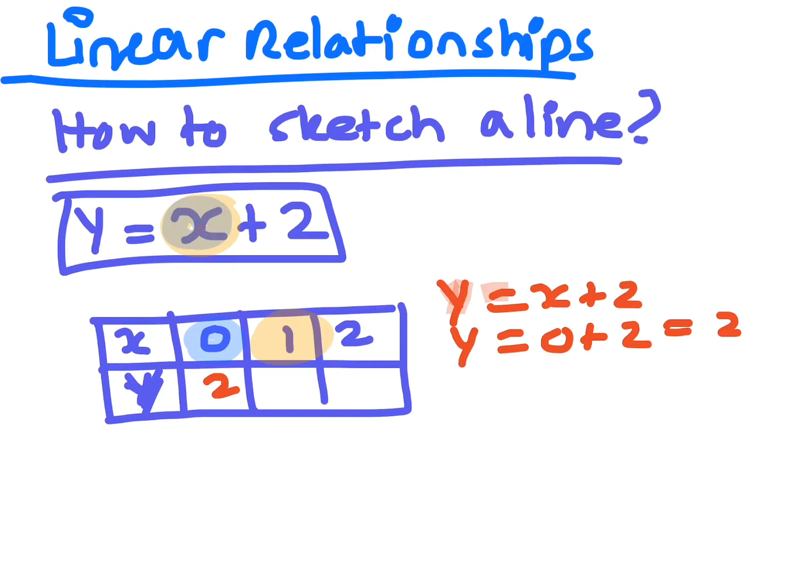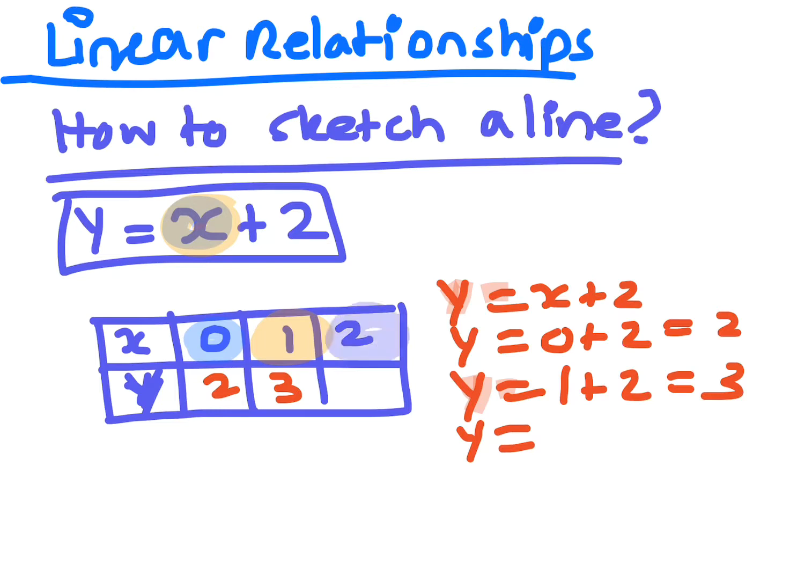And once again, we go y equals 1 plus 2, which is 3. And then we go y equals, and we now take the 2, put it in for the x, and we go 2 plus 2, which is 4. Notice it goes up by 1 each time.